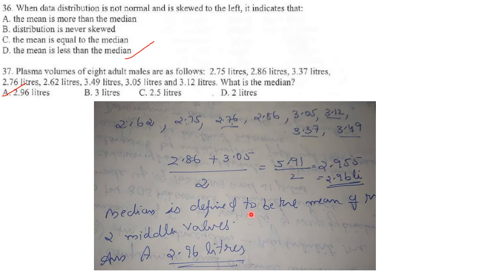Now median is defined to be the mean of the two middle values, because these are even numbers: 1, 2, 3, 4, 5, 6, 7, 8. So 8 values are given, and 8 is an even number. So median is defined to be the mean of the two middle values. So 2.86 plus 3.05 divided by 2, you will get 2.96 liters. So the answer is option A.